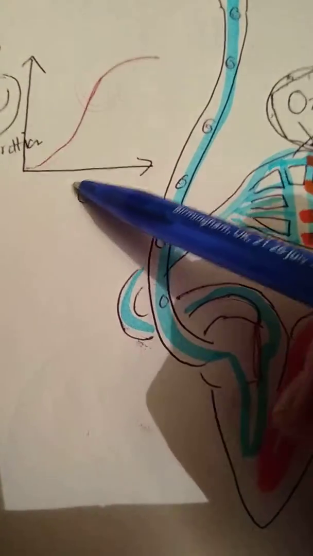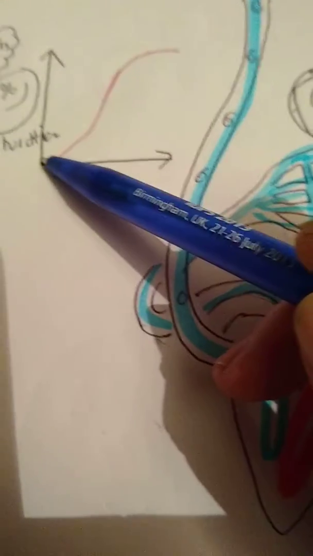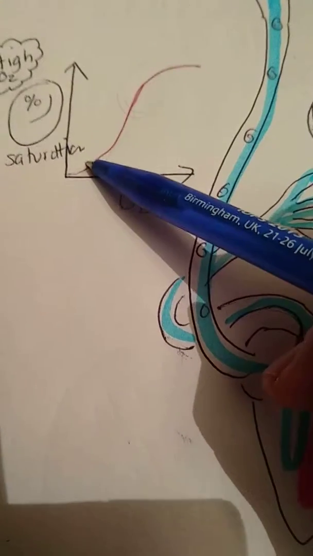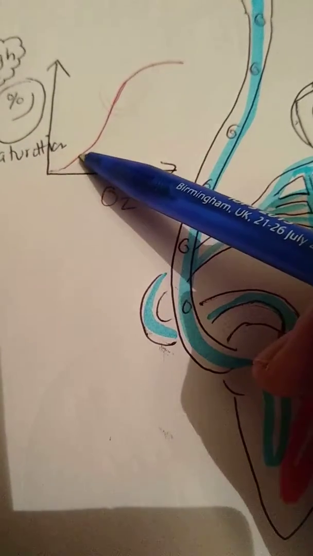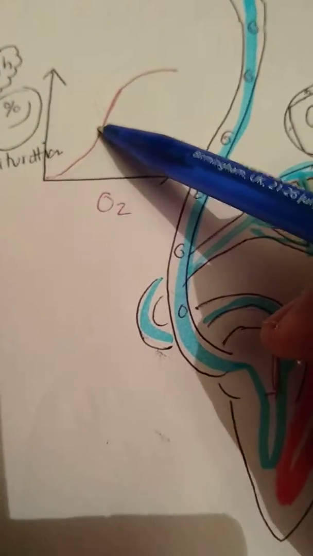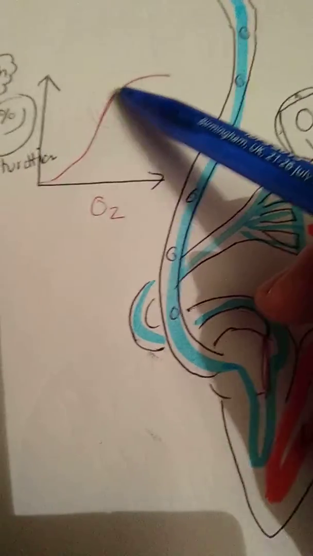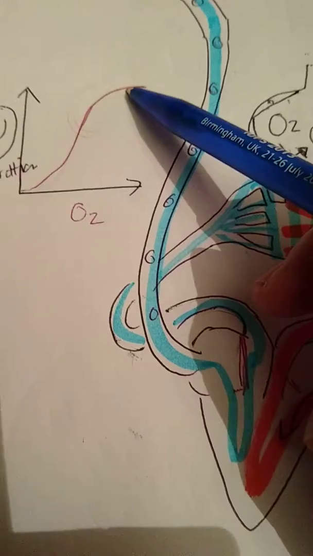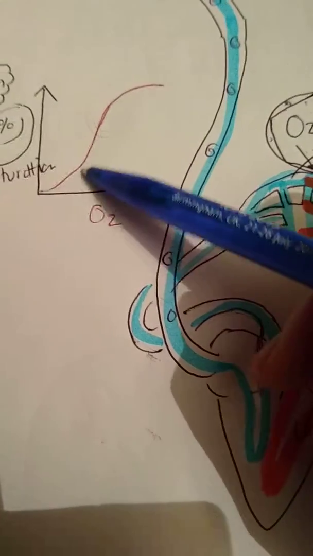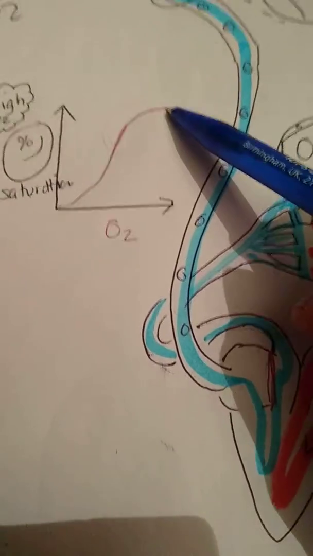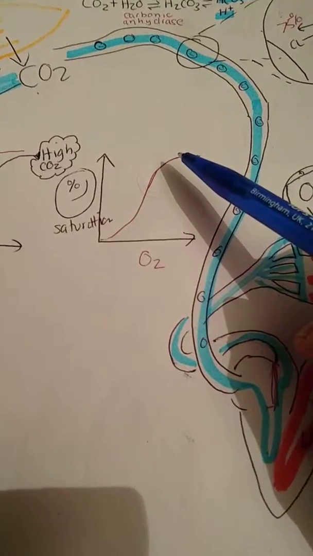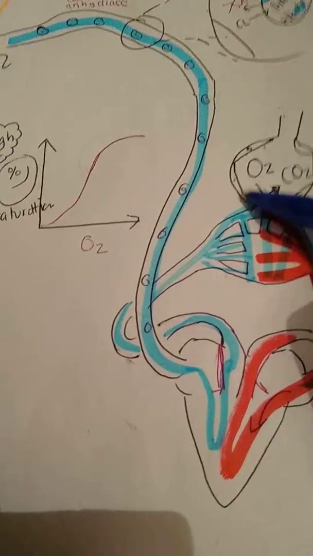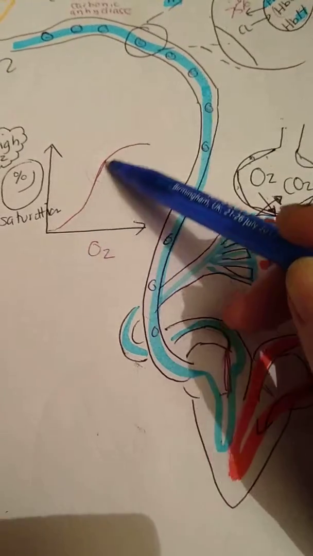So as partial pressure of oxygen increases, the percentage saturation of the hemoglobin with oxygen gradually increases as the first one binds, and then a steeper curve as we become more saturated with oxygen molecule 2 and 3, and then as we get more and more saturated, the graph levels off, plateaus, because we have high saturation at this point. We've gone out of focus, back in focus, hurrah. So that's what's happening here with the oxygen.